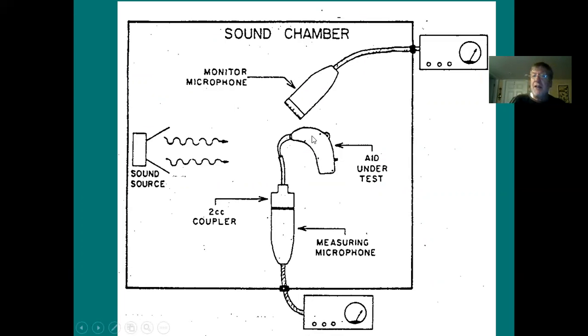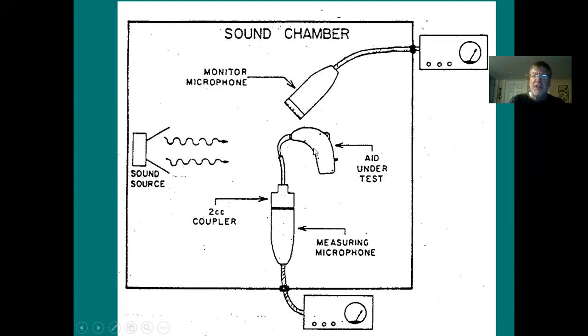Here's your hearing aid. Here's the microphone that's measuring. This is that reference microphone that made sure that the coupler mic behaves. Here's the loudspeaker spitting out sound. You're trying to figure out what the hearing aid is doing to that sound. As the hearing aid applies gain to the sound coming out of the speaker, it goes into this tube here, and here's your 2cc coupler.